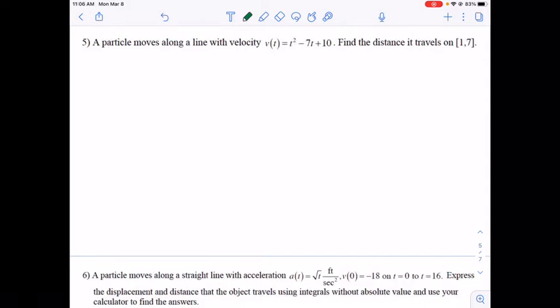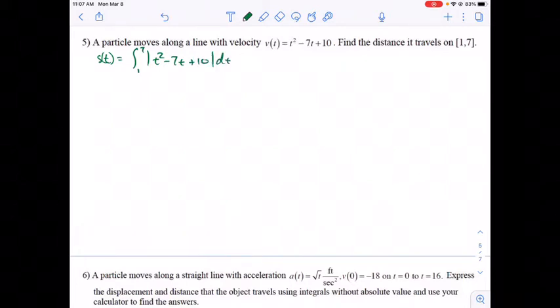So one way to do this is to take our function here and find the zeros to start off with. That way we know kind of what to integrate. So to begin with, we're doing s of t is equal to the integral from 1 to 7 of the absolute value of t squared minus 7t plus 10 dt.